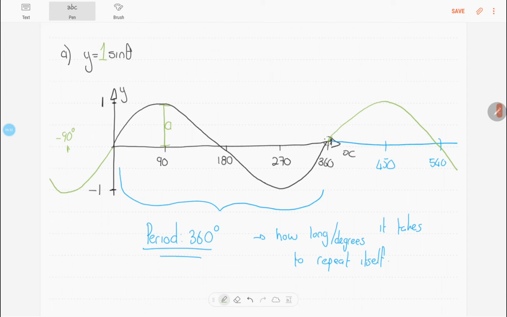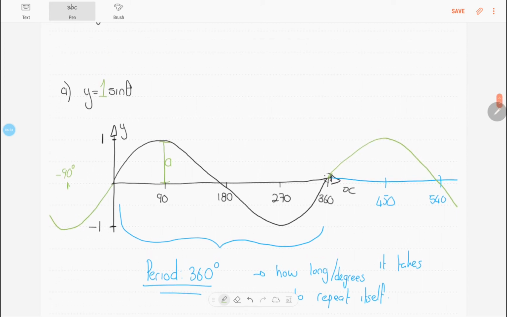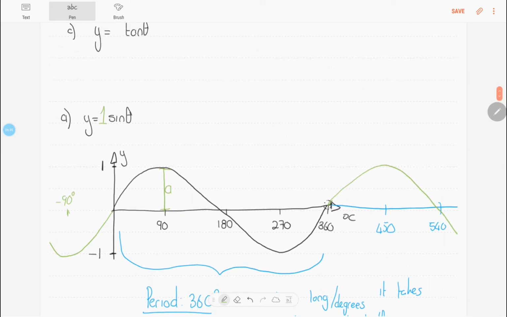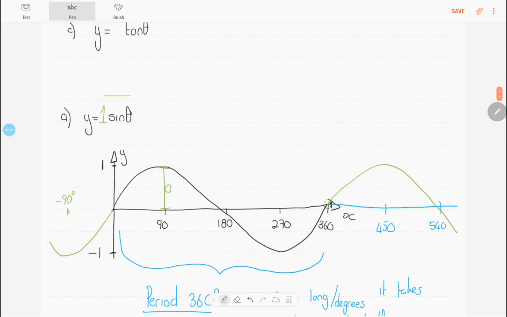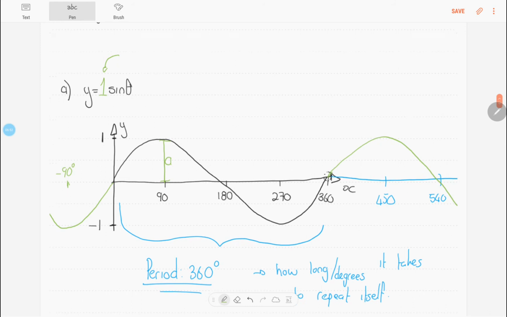So for now, you just need to know that our amplitude is what's in front of our trig graphs. If it's a 1, it's 1 and -1. If it's a 2, it's 2 and -2. If it's a half, it's a half and -1/2, and so on, every single number. So that's your amplitude.